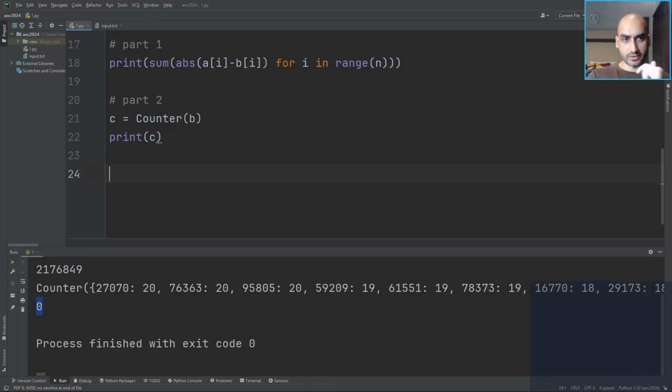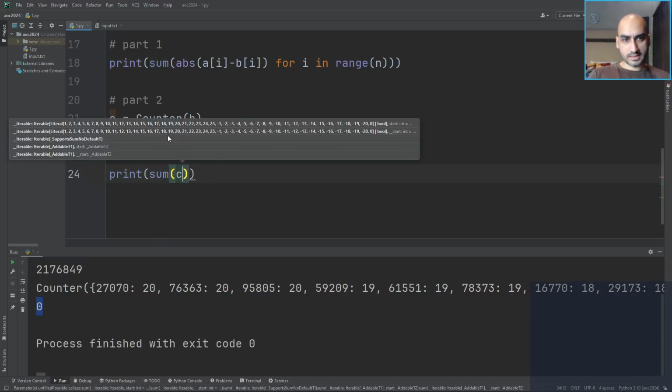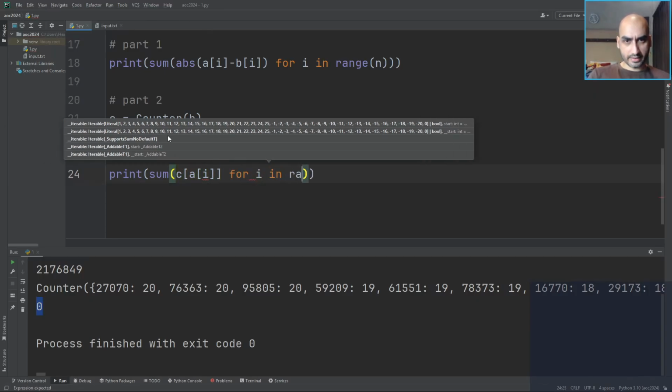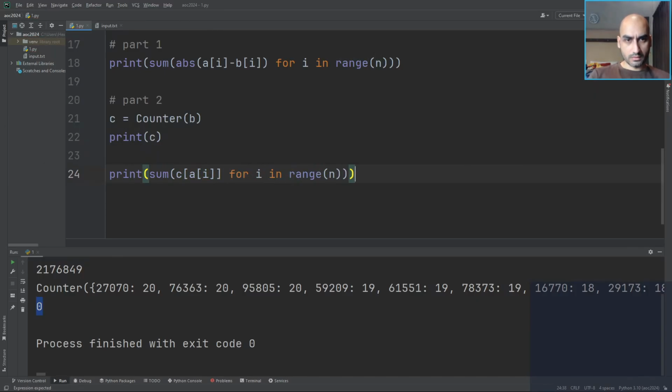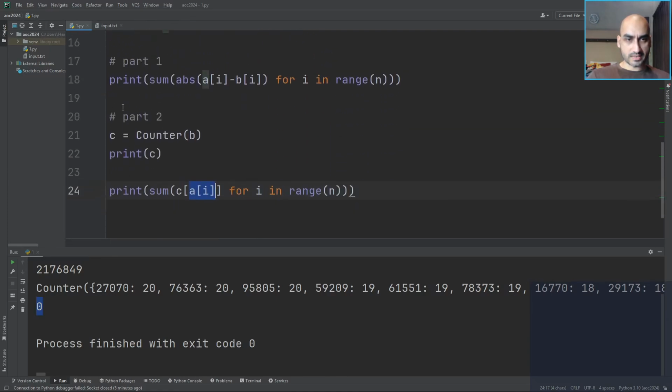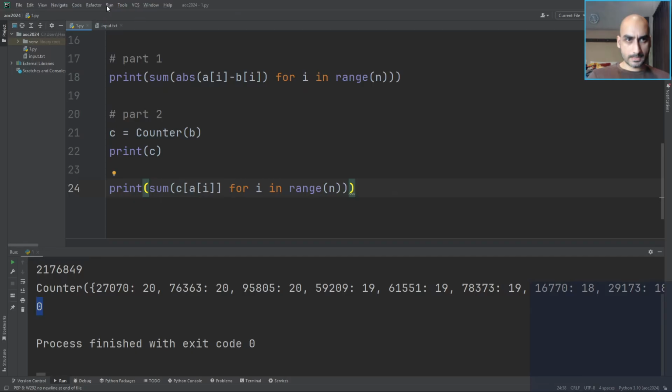Alright, so we want the sum of C[A[i]] for i in range n. That's it, right? For each item in A, we see how many times it appears in B. 440?